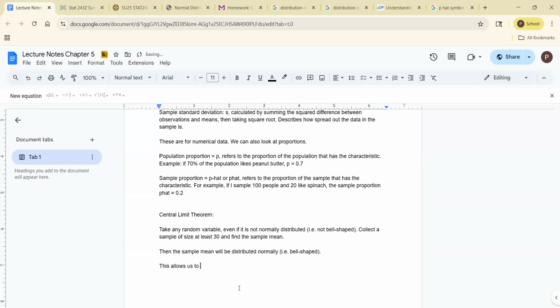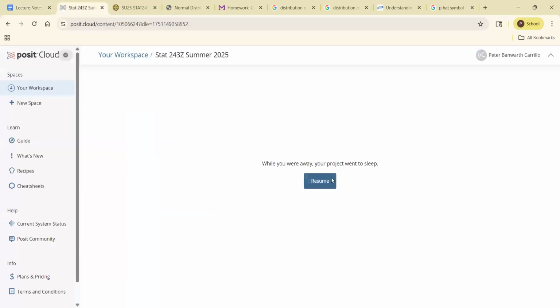This allows us to use the tools of normal distributions to explore populations by using sample means. Let me show you what I mean using R.